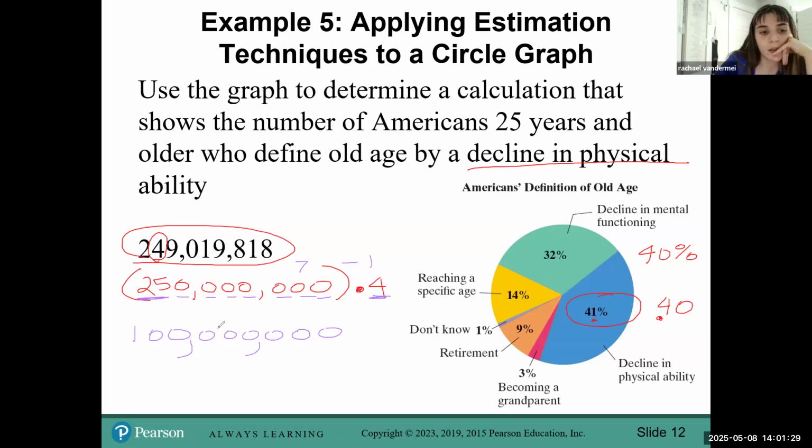In something like this, I think not so much about accuracy, but about what's going to be an easy calculation to do in my head. And because 250 is right in between 2 and 3, I wouldn't really want to round it up to the 100 millions. It would just be a lot less accurate.